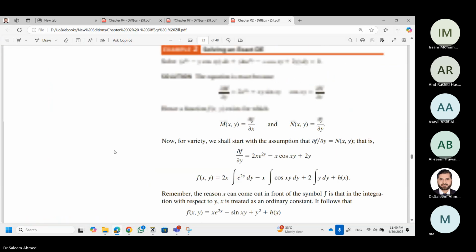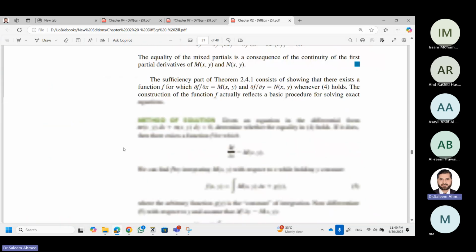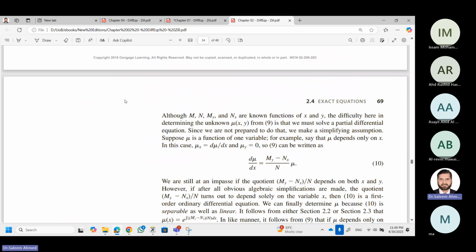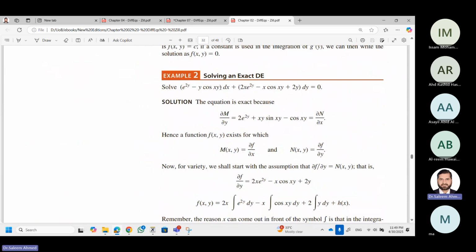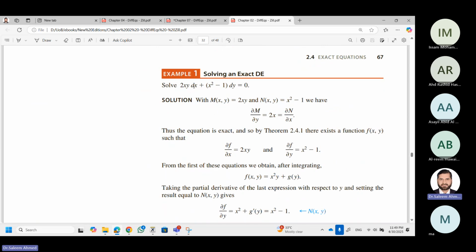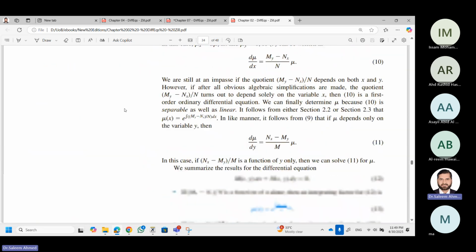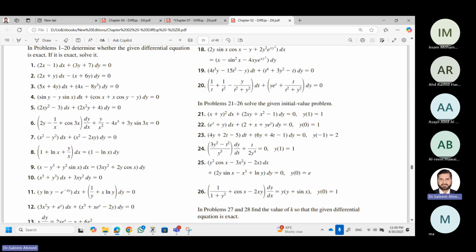All right, so this will be your last question. Here, if you want, you can try some questions. You can look at this example, or I did this example. You can see example 2, or just do a simple question from here. Maybe question number 1, or you can do maybe 5. 5 is second order, so it's good that you do the second order, third degree.